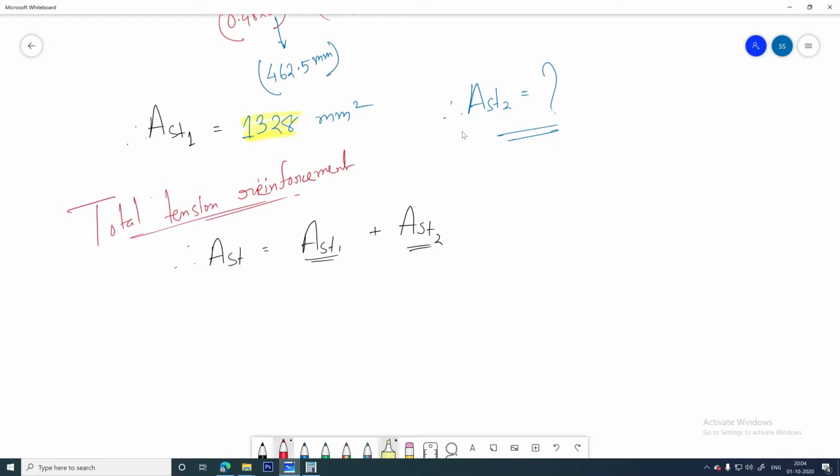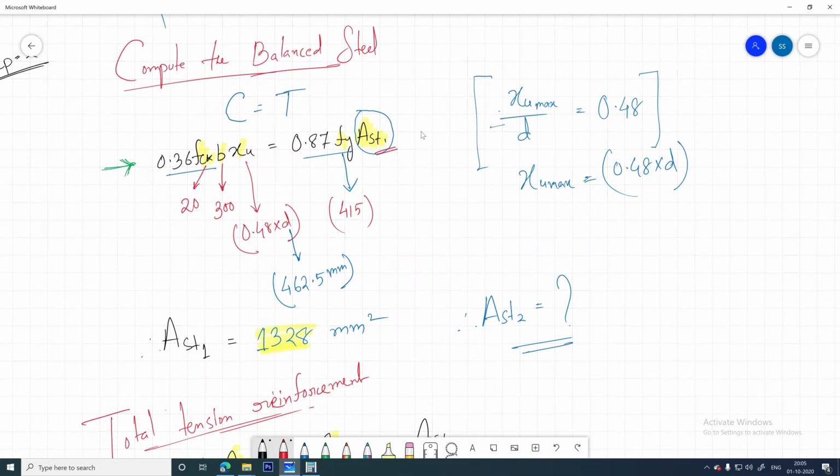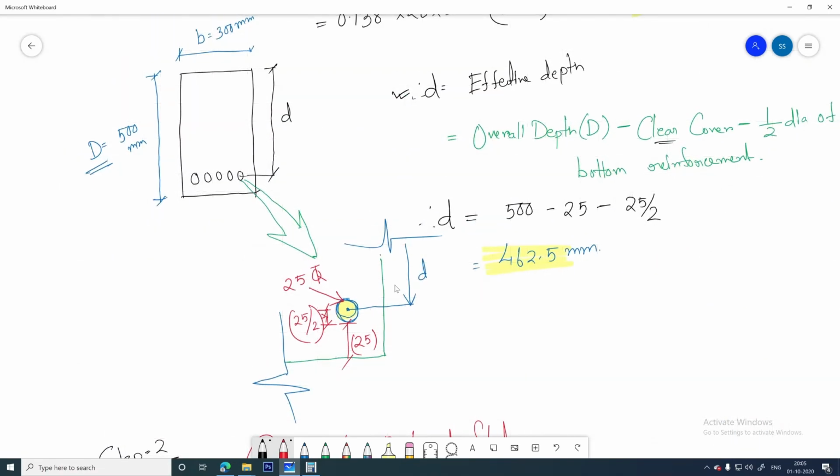Now we got the value of this AST1, and the AST value is given in the question, and that is basically 5 number 25 mm Tor steel bar, right? And the value that we got after calculation, that is 5 into pi by 4 into 25 square.